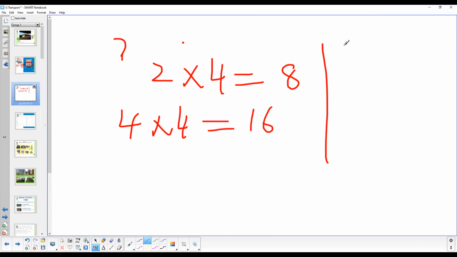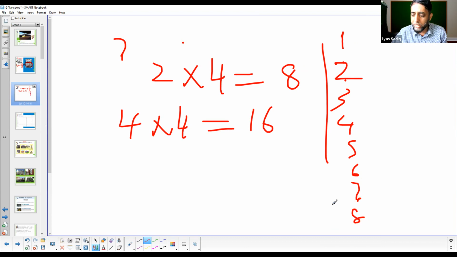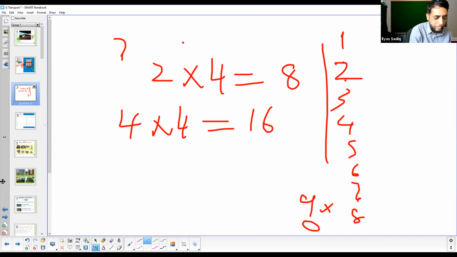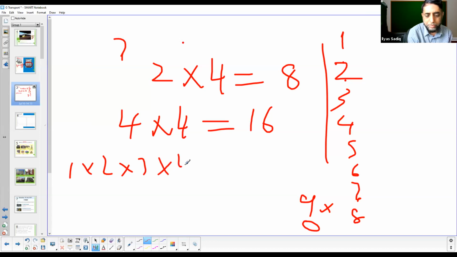But look, in the telephone pad, the numbers start from 1, 2, 3, 4, 5, 6, 7, 8, 9, and what is the last number there? 0. So the question is that you multiply all these numbers: 1, 2, 3, 4, 5, 6, 7, 8, 9, and 0.